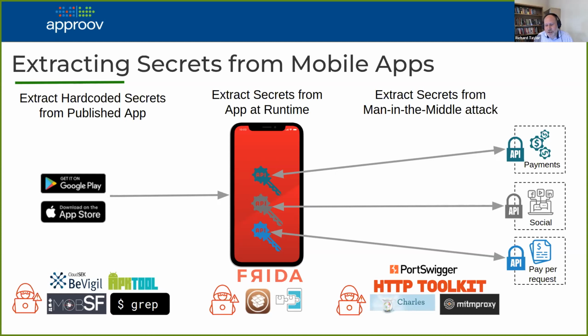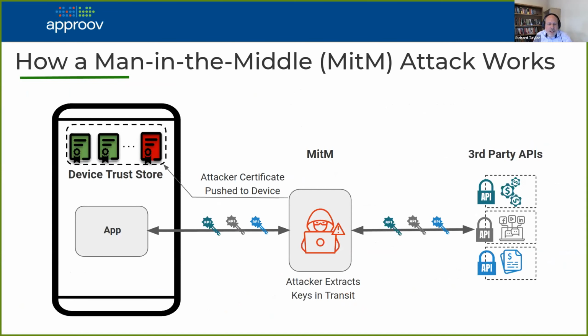And then finally, there's also this angle of extracting these API keys or other secrets via a man-in-the-middle attack. There are tools like Burp Proxy and Charles Proxy, etc., that allow you to do this. So I'm going to talk in a little bit of detail about how the man-in-the-middle attack works, because I'm going to come back to that aspect later, because that's something we cover in a proof.